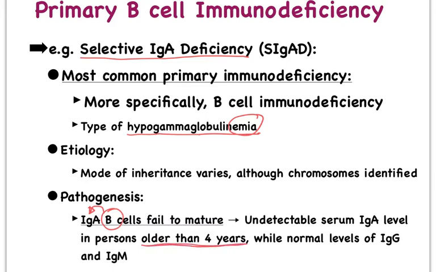So this starts pretty early on in life. Now, the other immunoglobulins, particularly the ones that play a really important role in immunity, such as IgG and IgM, are occurring at normal levels.